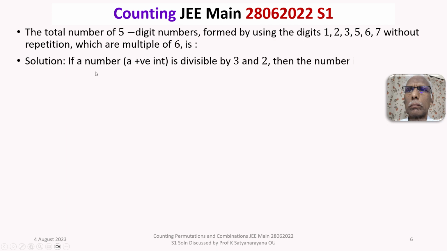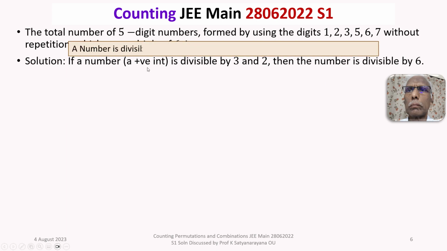Recall, if a positive integer is divisible by 3 and 2, then the number is divisible by 6. And we know the divisibility rule for the digit 3. A number is divisible by 3 if the sum of the digits of that number is divisible by 3.